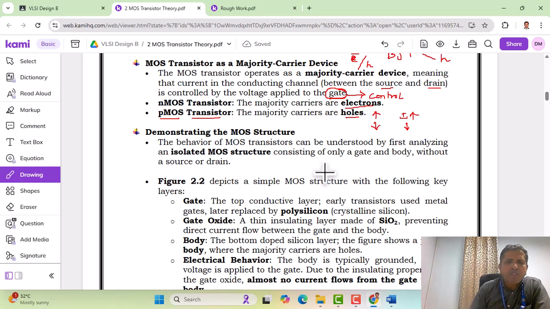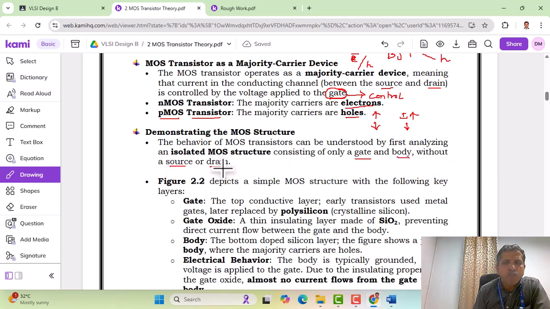Now let us demonstrate the MOS structure and see the modes in which we can operate the MOS transistor. The behavior of the MOS transistor can be understood by analyzing the isolated structure. Let us explain what we mean by isolated structure. The isolated structure contains only a gate and body, without even considering the source and drain.